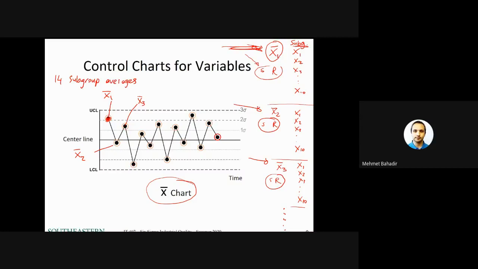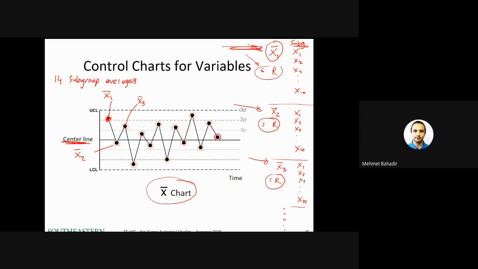How about the lines that you see here? The most probably fundamental line you see here is the center line. So what is the center line and how is it calculated? The center line is the average of subgroup averages.